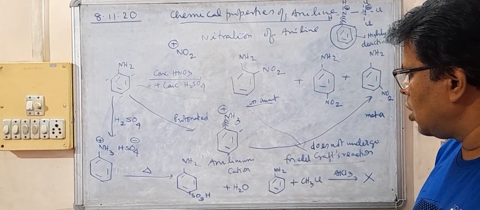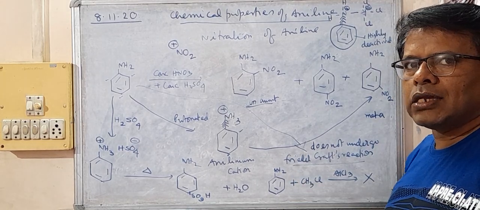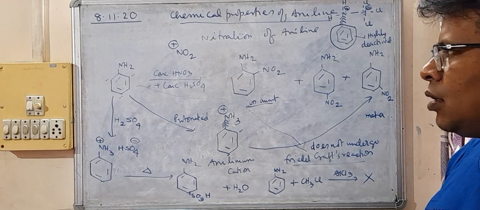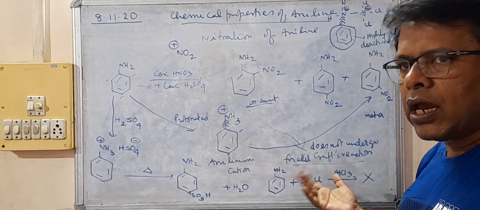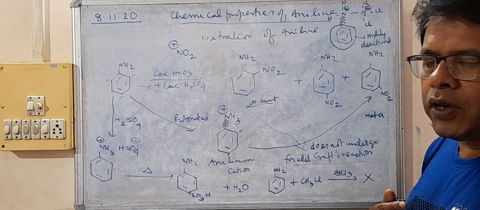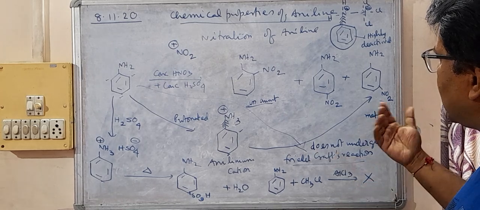This situation was also there in case of benzoic acid in the previous chapter. Benzoic acid also does not undergo Friedel-Crafts reaction. So once again I am telling the reason.